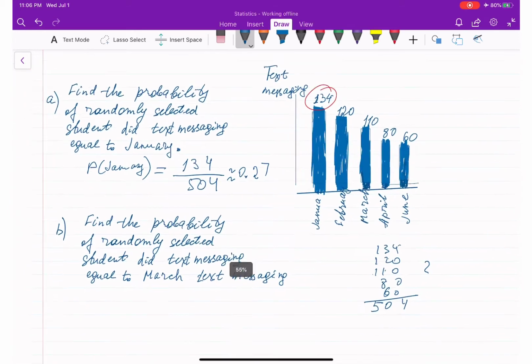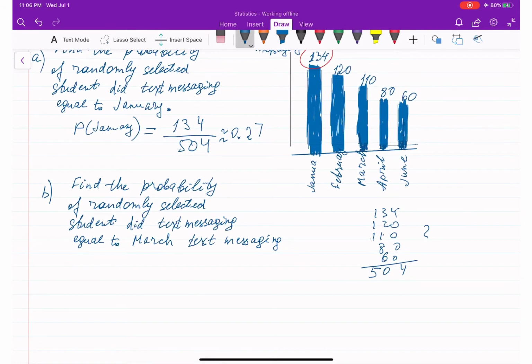Okay. Find the probability of randomly selected student did text messaging in March. All right. For March, how much is March? 110. So probability for March is going to be 110 over 504. Can we reduce by how much?